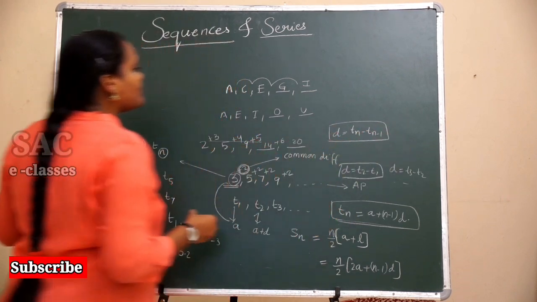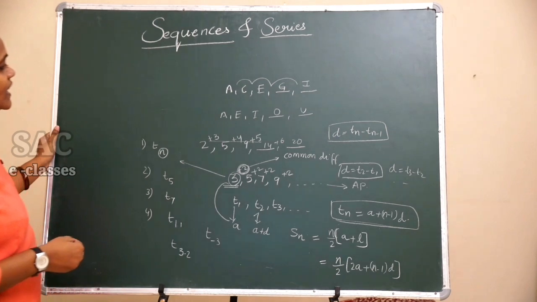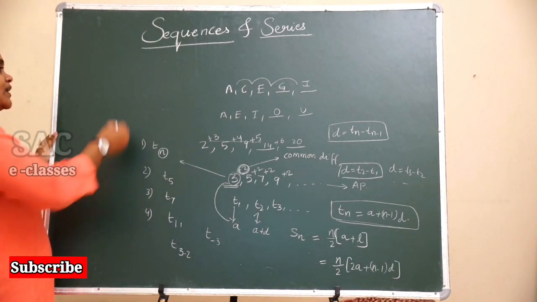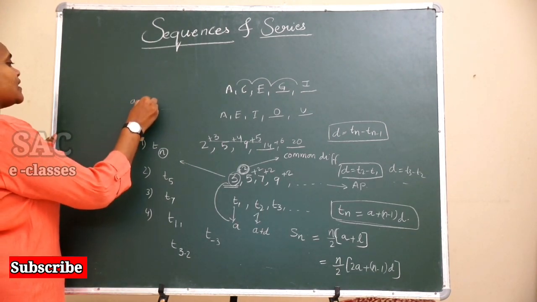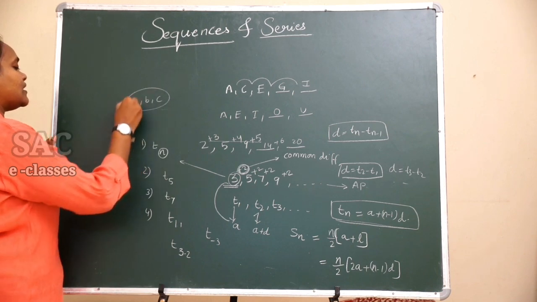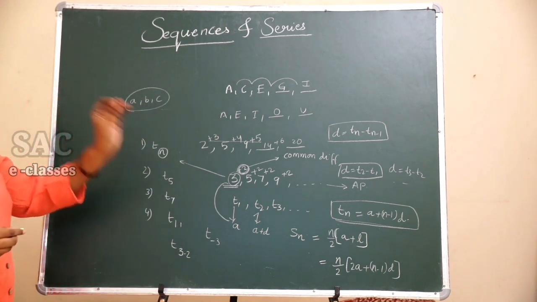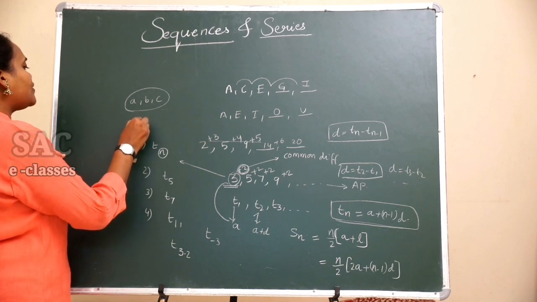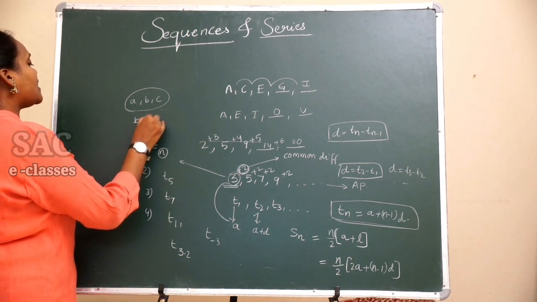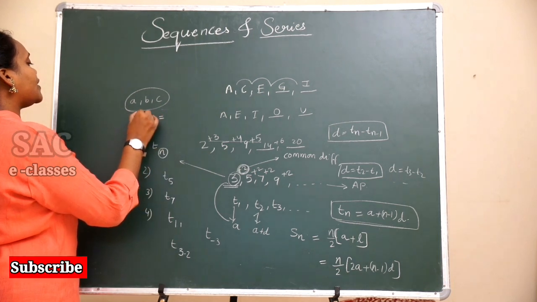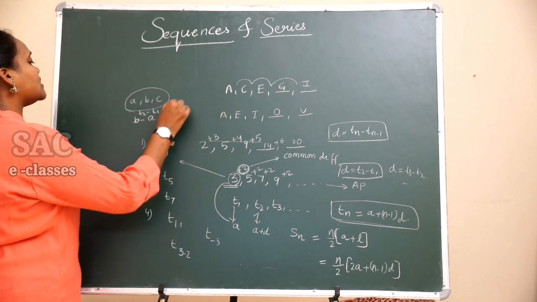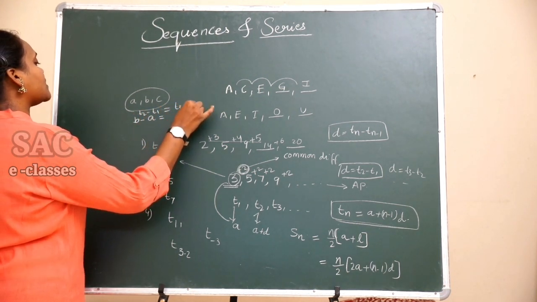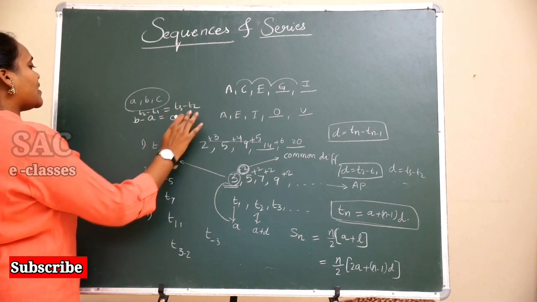In that way also we can find it. If any three terms A, comma, B, comma, C are in arithmetic progression AP, obviously B minus A is equal to T2 minus T1 is equal to T3 minus T2, which is C minus B.